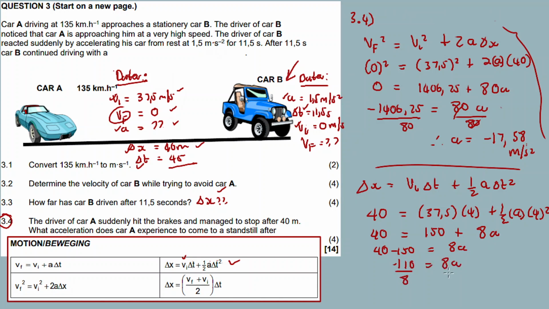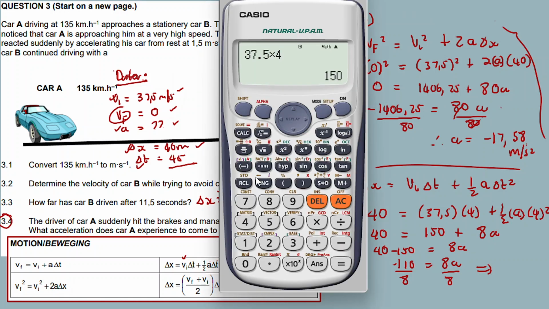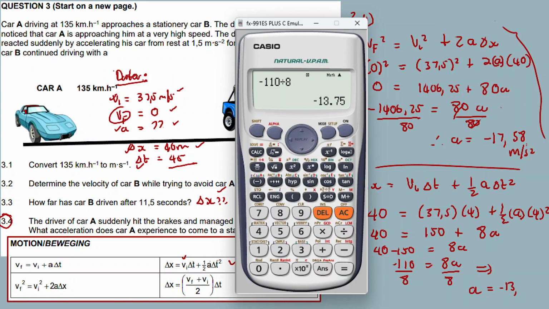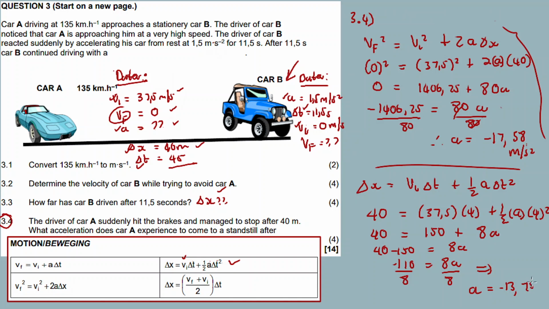Divide both sides by 8, negative 110 divided by 8, and the answer is negative 13.75 meters per second squared, the acceleration.